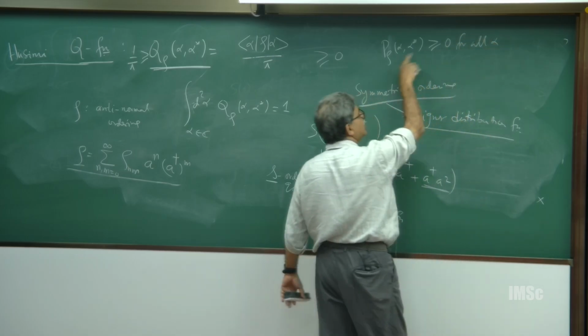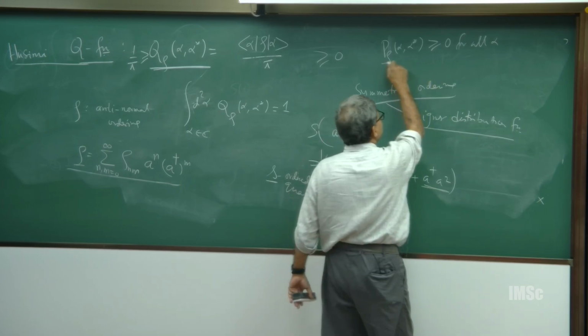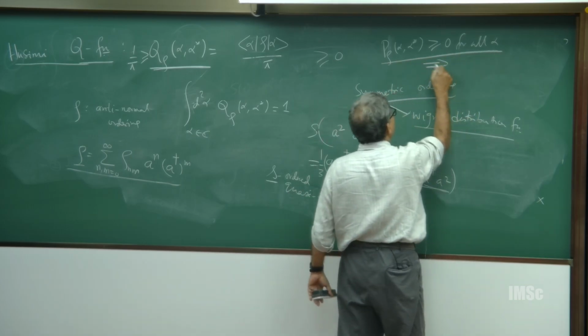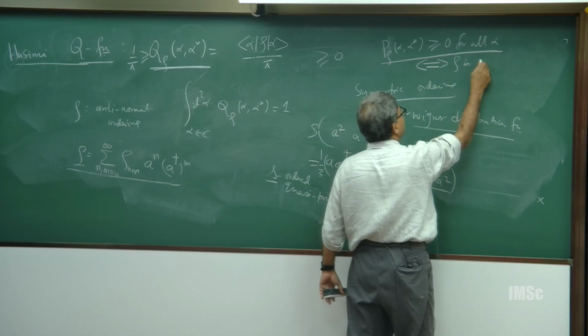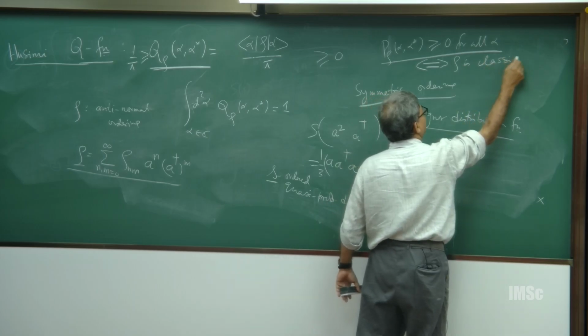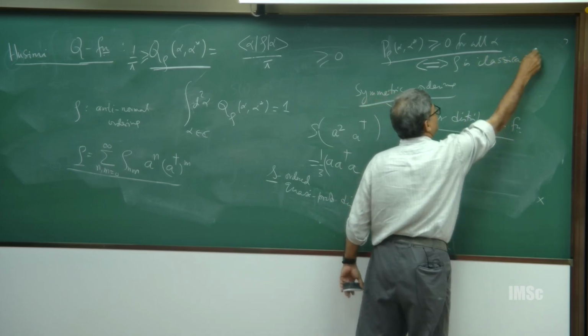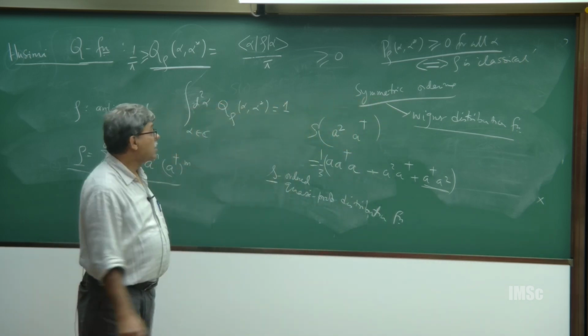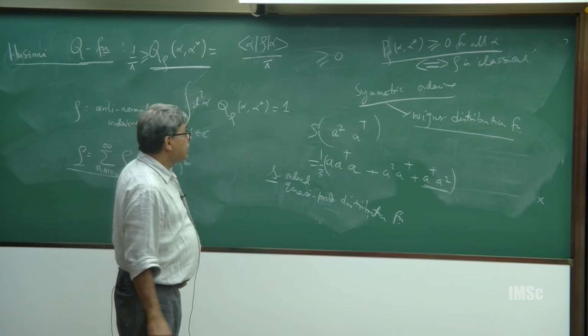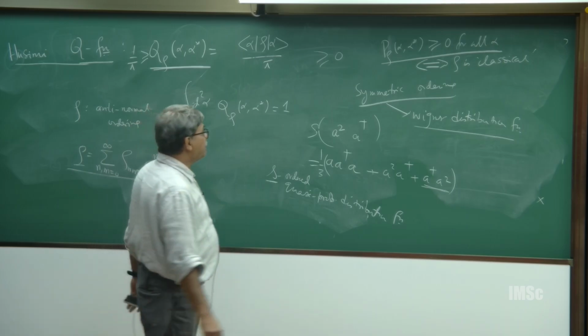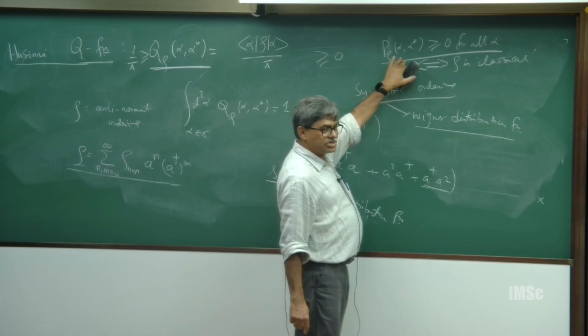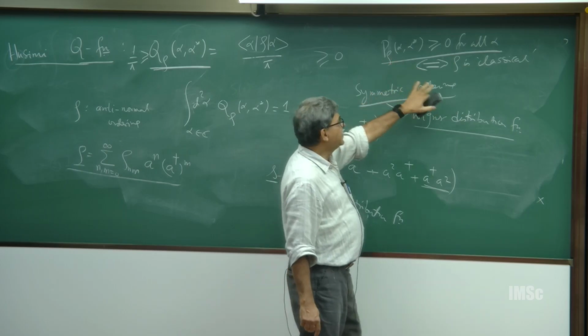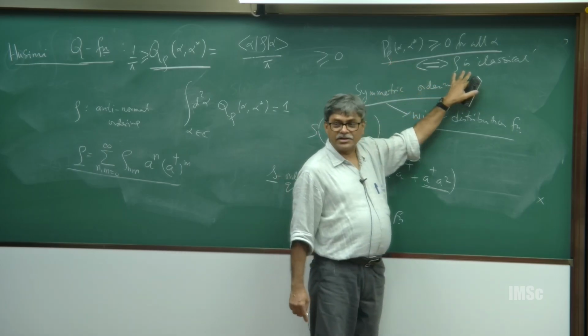When I say alpha, I mean alpha star also. This is equivalent to saying that rho is classical. In other words, if there is a violation of this condition, then the state will behave non-classically.